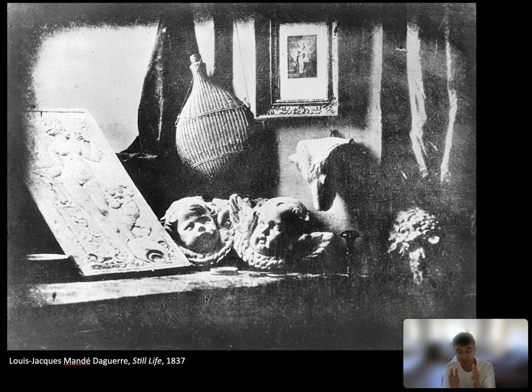But my question is, why did Daguerre pick this object specifically? Why still life specifically? Why not at first, like Niepce's, look outside of the window, capturing an image outside of the window? Why not that one? Because you get more light, right? I say this is probably an indoor setting.